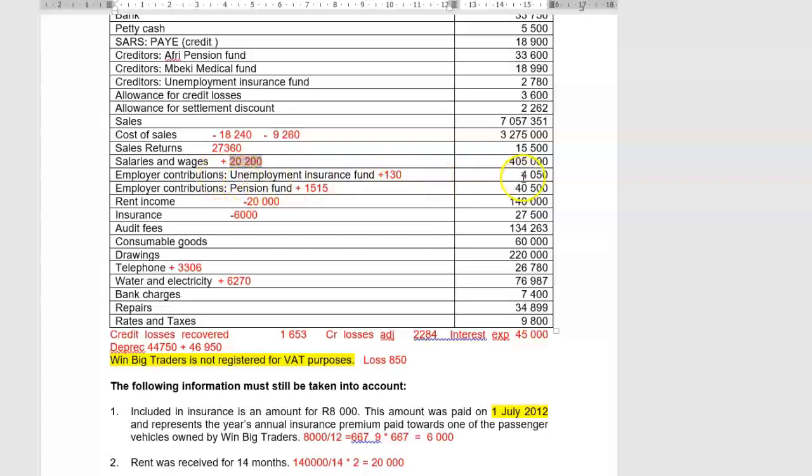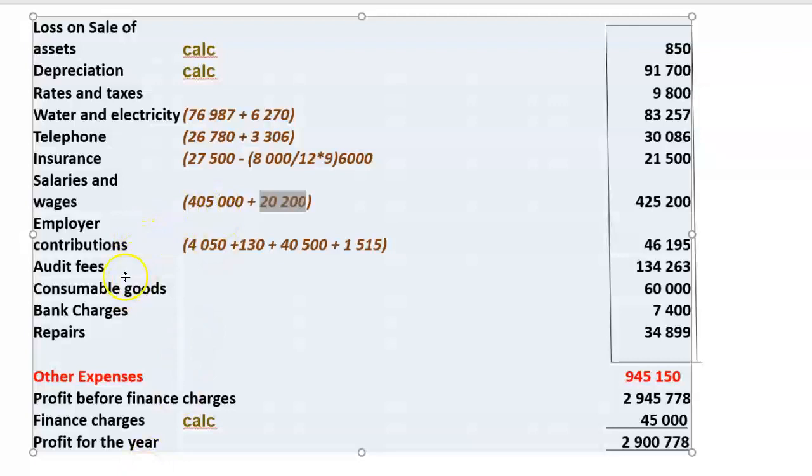Employer contributions was the 4050 plus 130, the 40,500 plus the 1515. Good. Audit fees, just like they gave it to us, there were no adjustments. The same applies to consumable goods, bank charges, and repairs. So total other expenses 945,150.